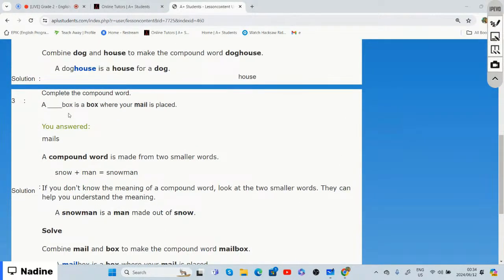All right, so now a what box is a box where your mail is placed. A what box is a box where your mail is placed. Yes, well done. So a box is a box where your mail is placed.